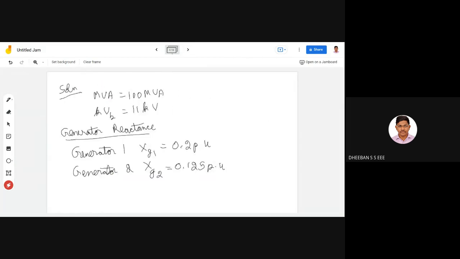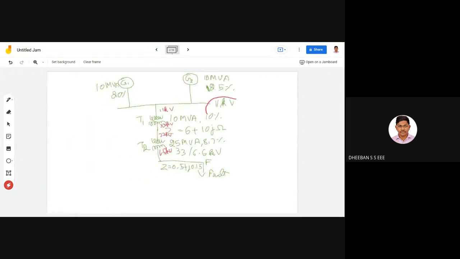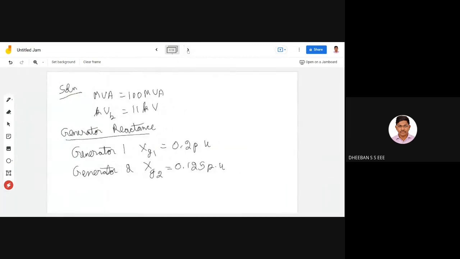This is the given data. The base MVA they have given us is 100 MVA, and for the base voltage we have to consider the voltage of this bus, which is 11 kV. The generator reactance is given, and apart from that, the feeder reactance, the transformer reactance, and so on we have to find.